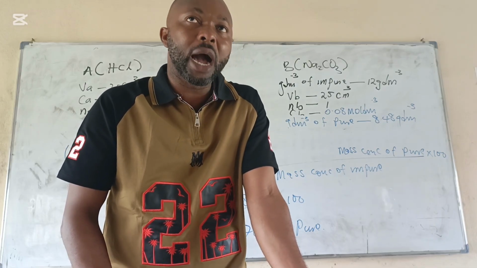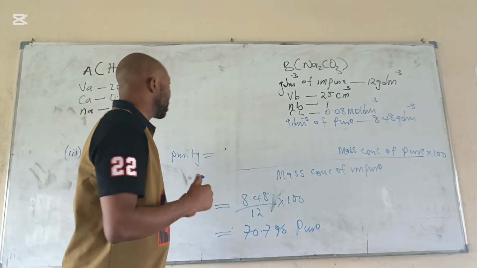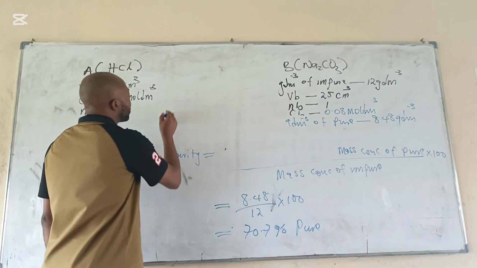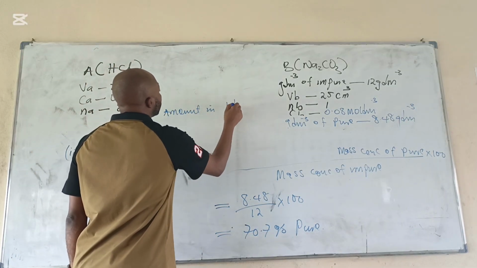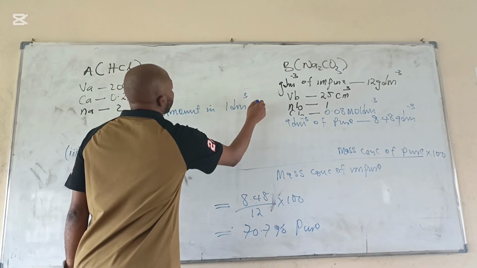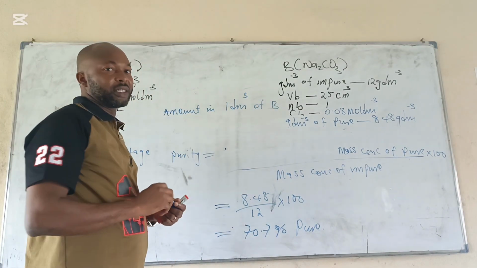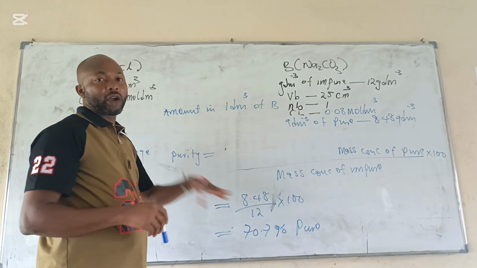Okay, when we say amount in 1 dm cube, now this is the question. Listen, this is very important. You say amount in 1 dm cube of B. Now, what exactly are they asking? They are not asking you to calculate the amount. They are asking you for the molar concentration.